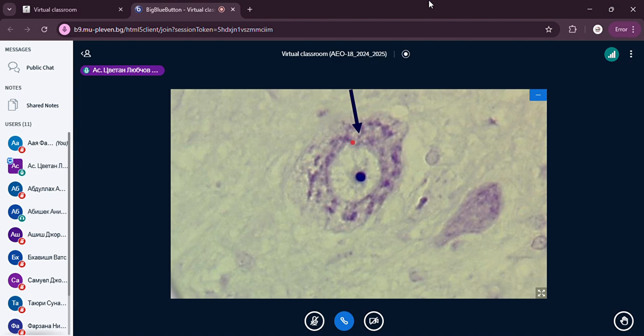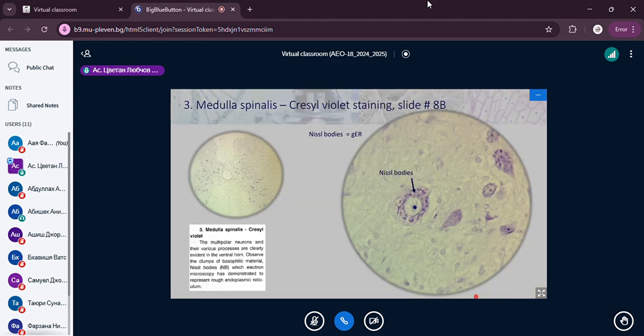Also, we're going to see a part outside of the nucleus staining kind of blue, actually of this rough endoplasmatic reticulum.